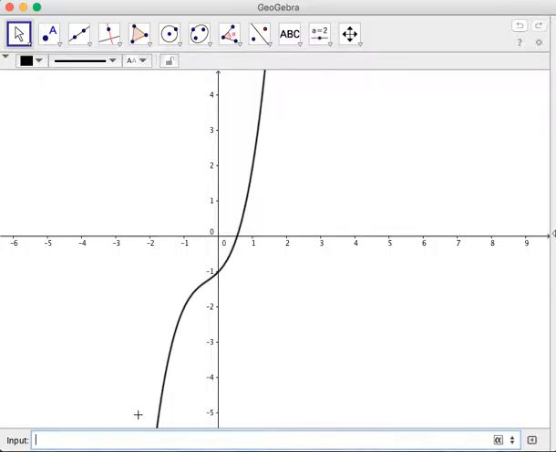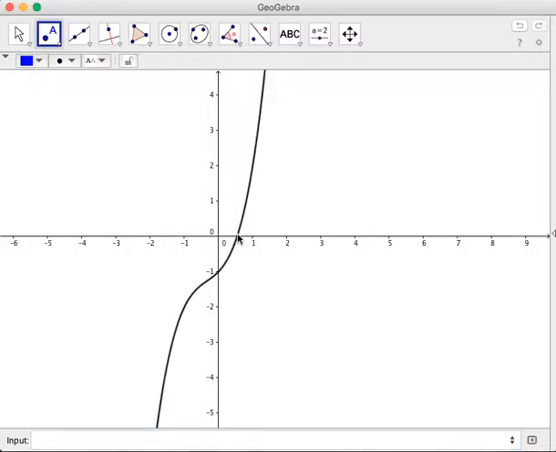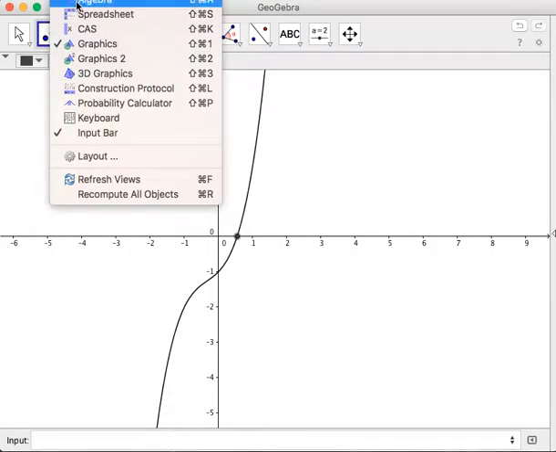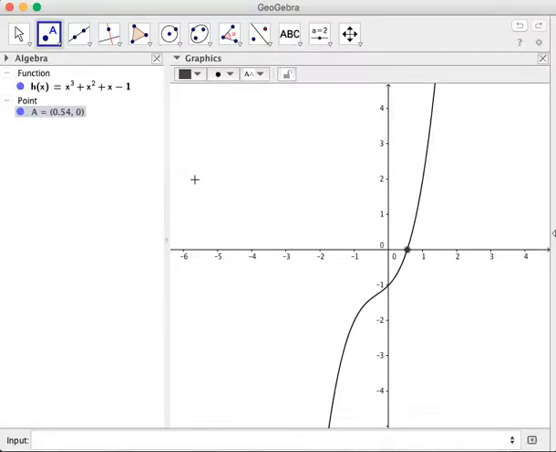Isa lang yung kanyang root, no? Isang beses lang siya nag-pass through sa x-axis. Okay, so isa lang yung root niya. Pwede natin tignan kung ano yung root niya. Okay, so using some software katulad ng GeoGebra, ay minsan makikita mo kaagad yung root niya. So nag-pass through siya sa negative 0.54, 0.